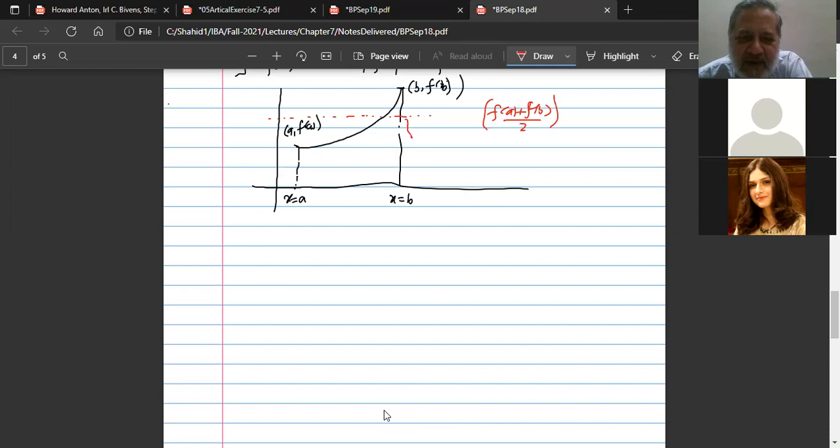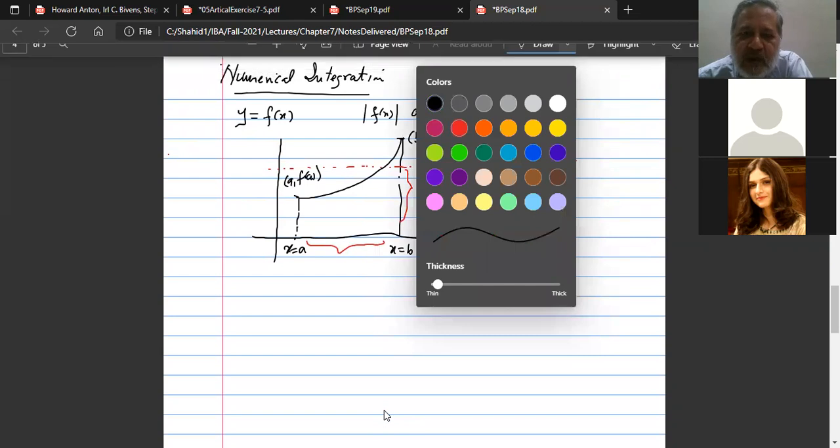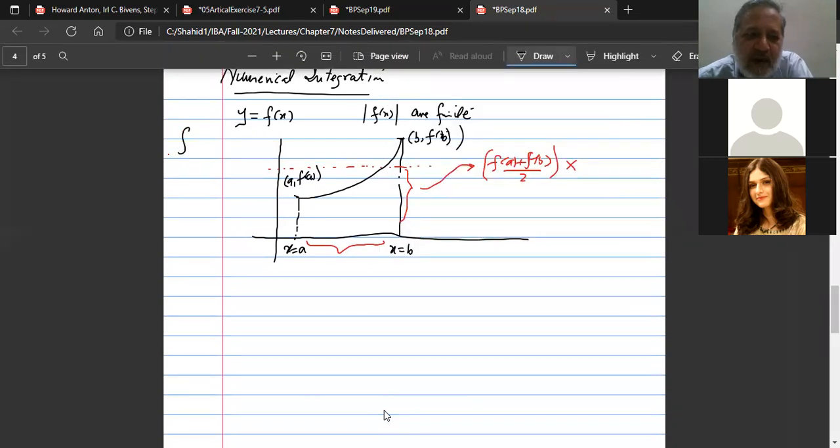Now, I consider the average height of the graph, and I multiply it with the width of the interval over which I'm considering the definite integral. I am exploring integral a to b of f(x) dx, and this is my first attempt at an estimate of this number.